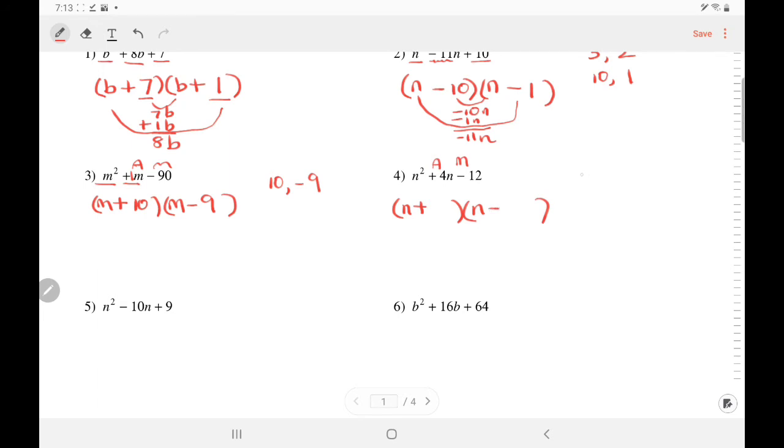So we have 3 times 4, but that doesn't subtract to be a positive 4. How about a 6 and a negative 2? That does multiply to be negative 12, and it will add to positive 4. So positive 6, negative 2.